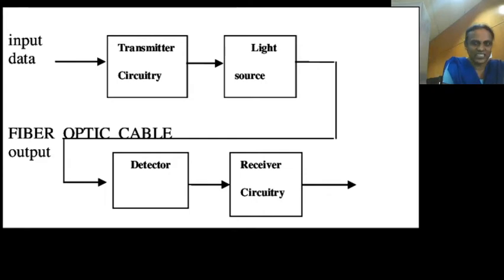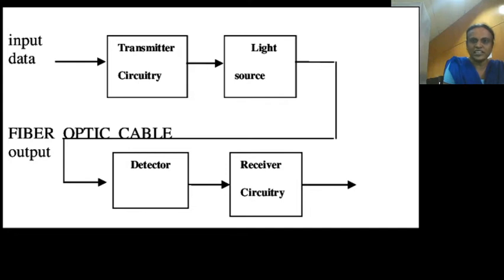Then at the receiver side, it has a detector to detect whether the information which has been sent from the transmitter is the same as the received pulses. Hence you have receiver circuitry. Receiver circuitry helps in receiving all the optical pulses which have been transmitted from the transmitter circuitry.